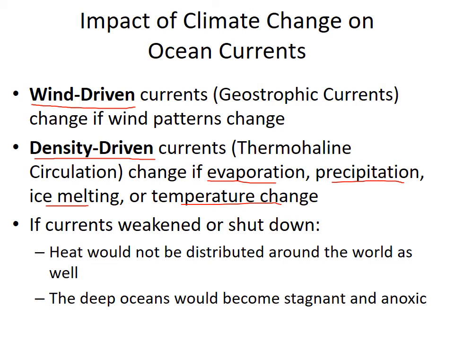That could actually weaken and shut down some of those overturning currents, which could be quite bad. That could result in the deep oceans no longer being refreshed by surface waters, and low oxygen problems developing in the deep oceans. And also, particularly with those changes in wind-driven current patterns, heat might not be distributed around the world as well. So some parts of the world, like Northern Europe, could actually get colder as the climate warms.